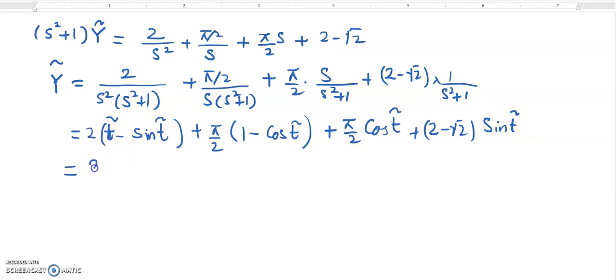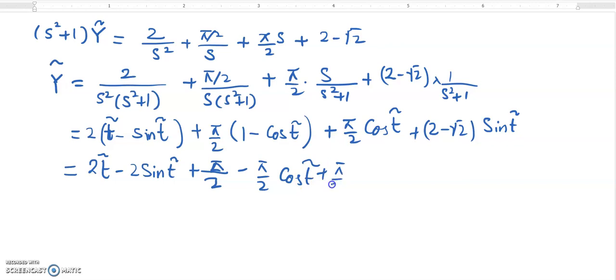Some of the terms will cancel out, so it will be 2 t tilde minus 2 sine t tilde plus pi by 2 minus pi by 2 cosine of t tilde plus pi by 2 cosine of t tilde plus 2 sine of t tilde minus under root 2 sine of t tilde.